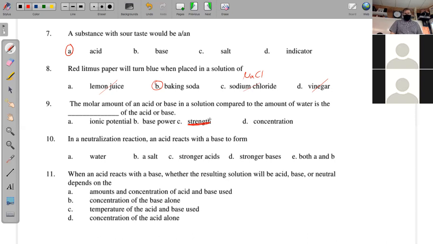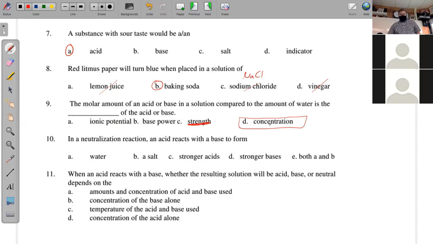If it doesn't completely dissociate, it's a weak acid. And I showed you the formula to calculate whether it's strong or weak based upon the ratio of hydrogens and hydroxides. What matters is what is the concentration. What you're talking about is what's the molar concentration of hydrogen and hydroxide in solution as compared to that of water.